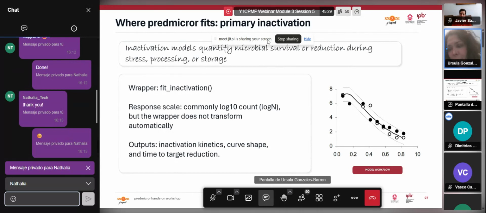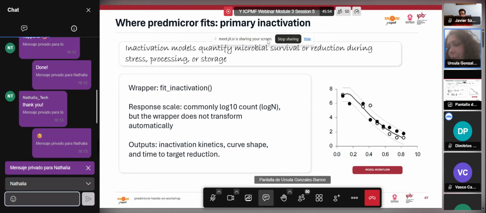The wrapper that will be used is fit inactivation, but the wrapper does not automatically transform the response variable, and commonly you will use log10 counts. The output will be the inactivation kinetic parameters, parameters related to the curve shape, and if you want, you can obtain the time to target reductions.